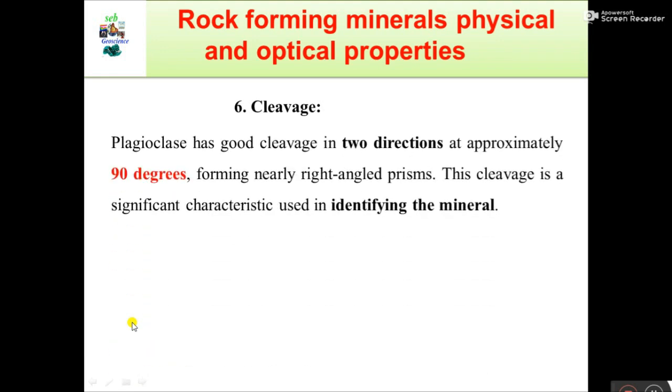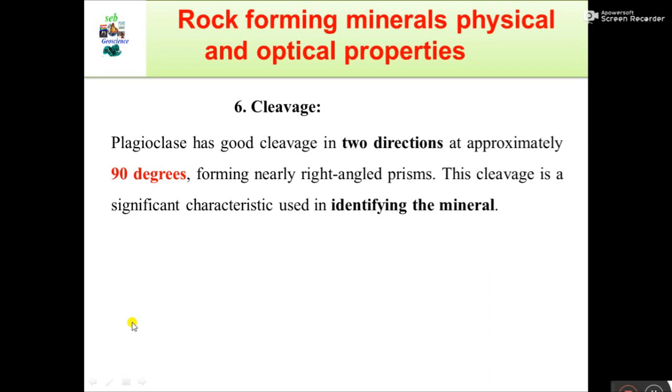The sixth physical property, that is the basic one, is cleavage. Plagioclase has good cleavage in two directions at approximately 90 degrees. The two cleavages cross each other at about 90 degrees, forming a nearly right-angle prism.